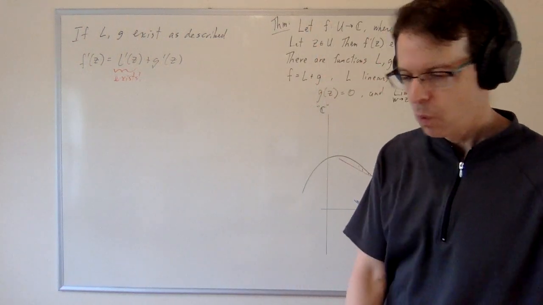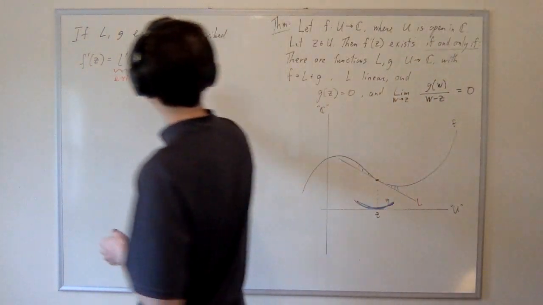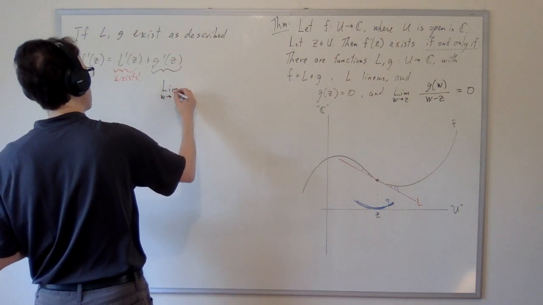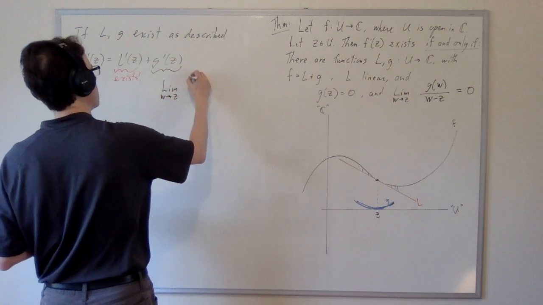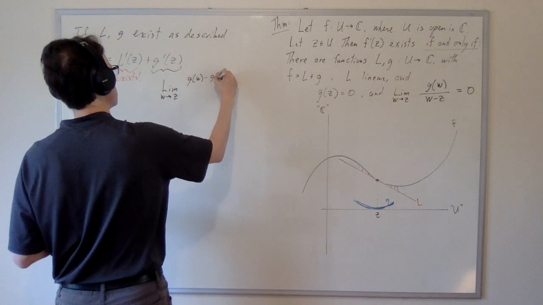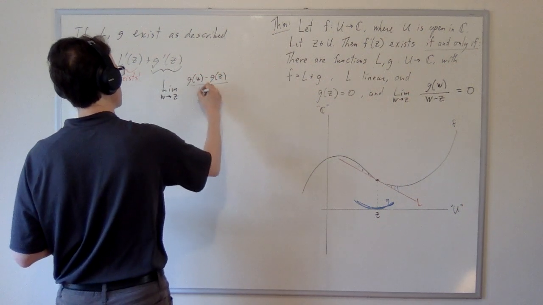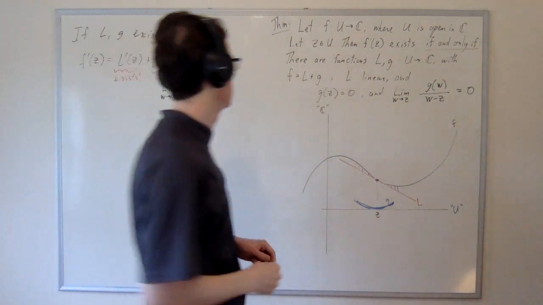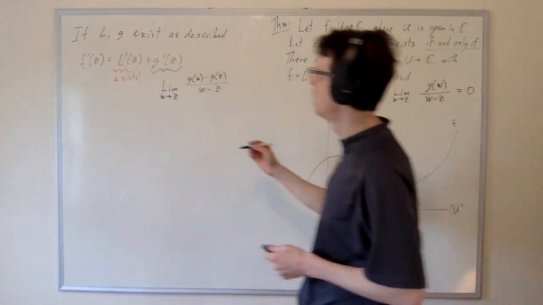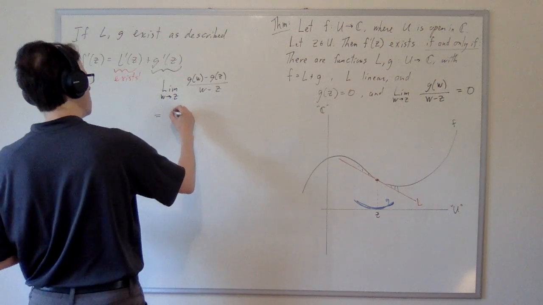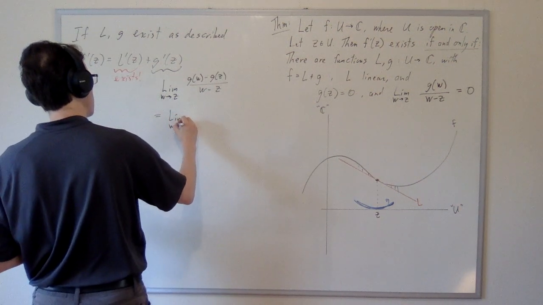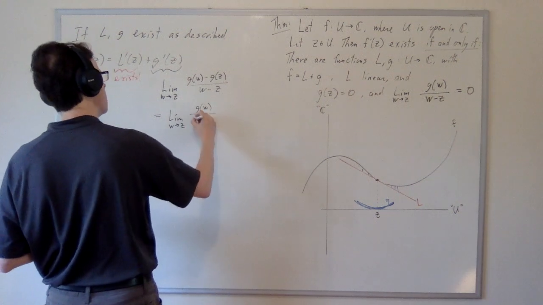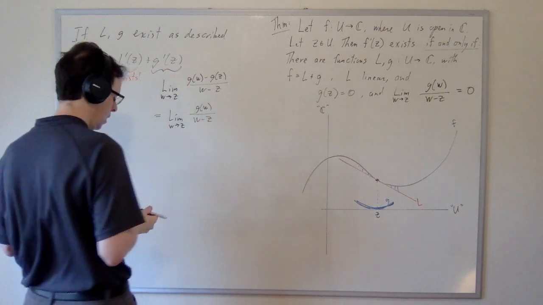So that exists. What about G prime of z? Well, G prime of z, by definition, is the limit as w approaches z of g of w minus g of z over w minus z. Now, what's g of z? G of z is 0. So that's equal to the limit as w approaches z of g of w over w minus z.